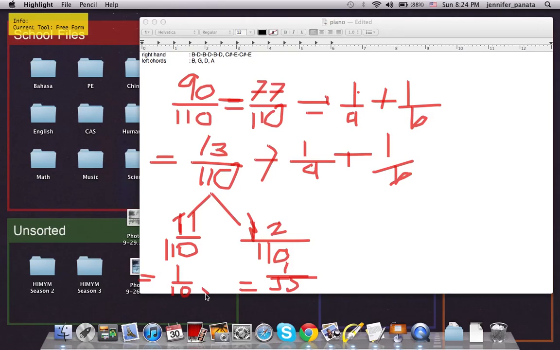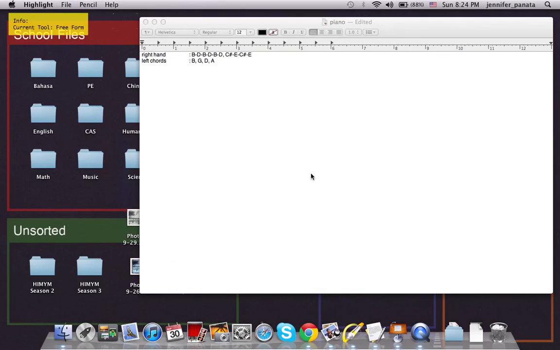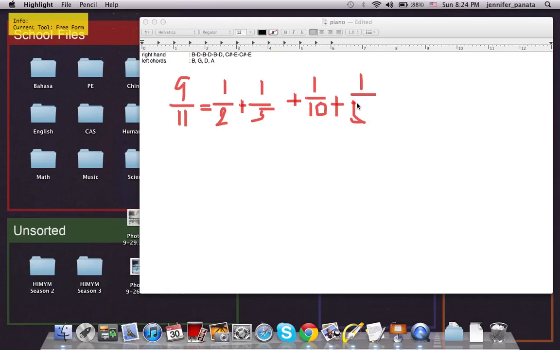That is 1 over a, and that is 1 over b. So what you have as your final answer is 9 over 11 equals 1 over 2 plus 1 over 5 plus 1 over 10 plus 1 over 55. And there's your answer. Thank you.